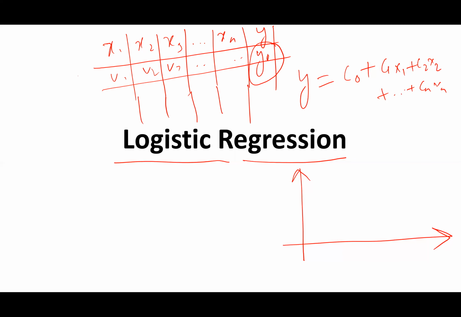In linear regression, we wanted to study how I can map this whole behavior as a straight line. In the case of a two-dimensional plot, suppose this is my y. It can be the price of the house, just like we saw in the last class, and this is the feature.